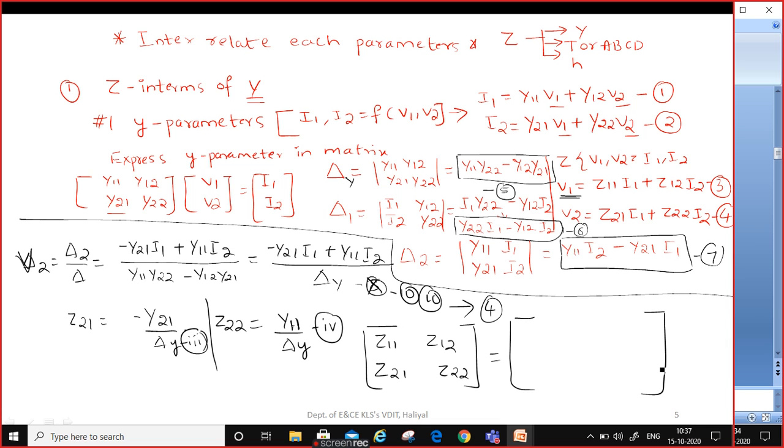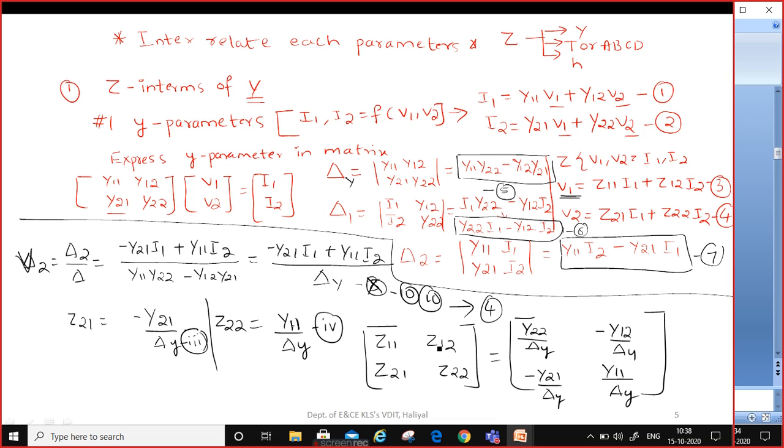Z11 we got as Y22 divided by delta Y. Z12 we got as minus Y12 divided by delta Y. Z21 we got as minus Y21 divided by delta Y. And this one, Y11 divided by delta Y.